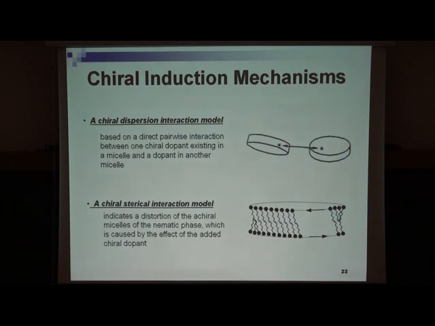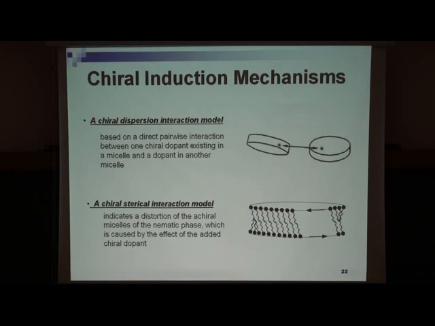Okay, according to our study, this mechanism is very important for us. There are two models to explain chiral induction in the chiral nematic phases. One is the chiral dispersion interaction model. According to this model, the chiral molecules between two adjacent micelles interact to form a helix structure.